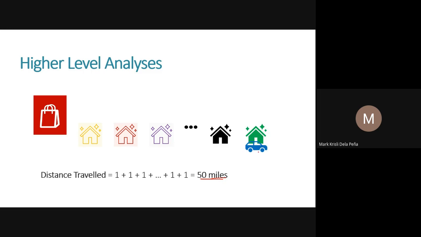However, we will not stop calculating there, since the driver has to return from the last house back to the shop. And that would be 100 miles. Therefore, if this is an algorithm, that means it takes, say, 100 milliseconds or microseconds. It depends on the computer and the number of operations that can be performed per second.